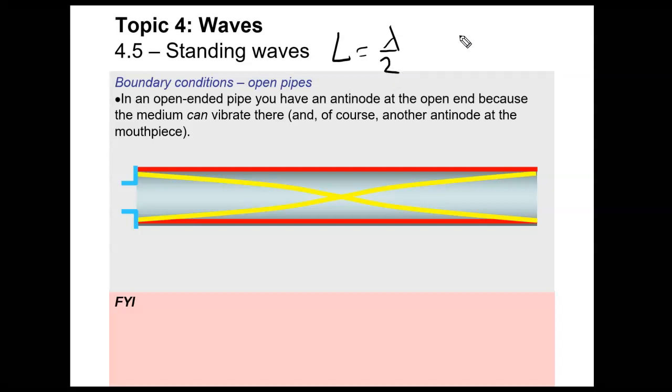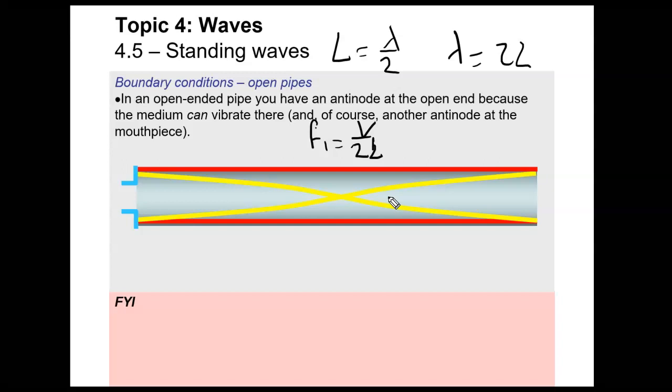And so interestingly enough, you get lambda equals 2 times L, and if you go through the math using the wave equation, you get an equation for the first harmonic for this type of pipe that looks like V over 2L. That's a 2 and that's an L, which is actually the exact same equation for the first harmonic for the wave on a string, which has the exact opposite boundary conditions.